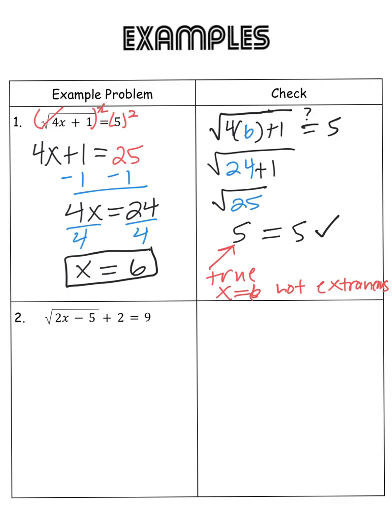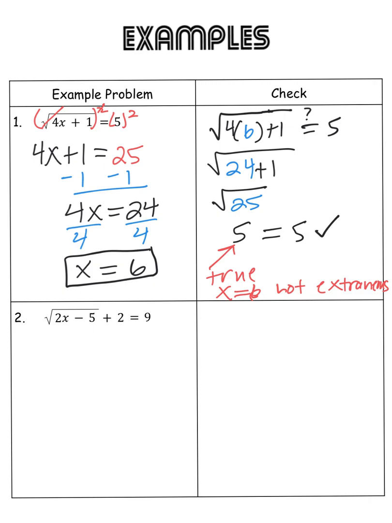Okay, second equation. On this one, example 2, I see there is some math on the outside of the radical symbol. It says the square root of 2x minus 5 plus 2 is equal to 9. So we want to get rid of that math first.